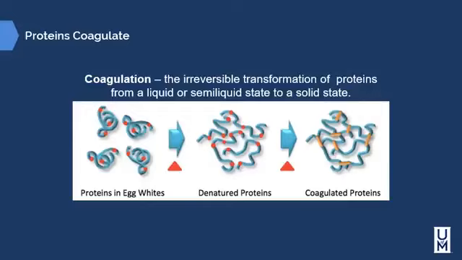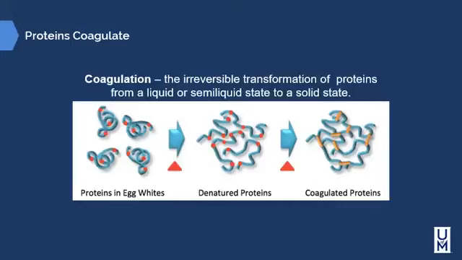Common examples of protein coagulation are the firming of meat fibers during cooking, egg whites changing from clear liquid to a solid white when heated, and the setting of the structure of wheat proteins in bread during baking. The process of coagulation begins as proteins are heated to 140 degrees Fahrenheit, 60 degrees Celsius.